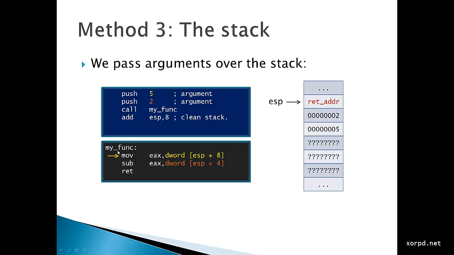Next we continue inside myfunc. Now we are going to move into EAX the dword at address ESP plus 8. This is a moment to think. We have to think, what do ESP plus 8 and ESP plus 4 represent? We can just write those here. And now we understand that if ESP points here, then ESP plus 4 and ESP plus 8 point to those two dwords.